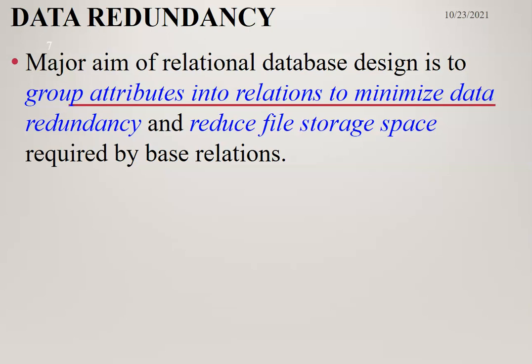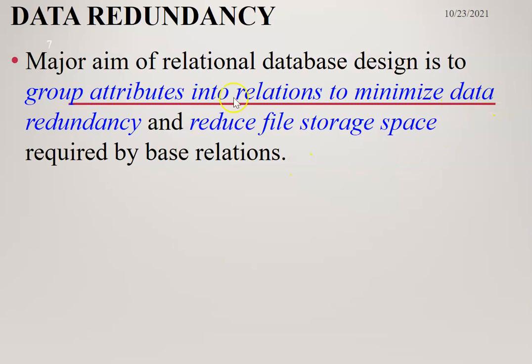So when you are in the process of normalization, or when you're designing your database, the two major aims are to try as much as possible to reduce redundancy, because when you reduce redundancy, you are also going to reduce the storage space of your medium or your hard drive.